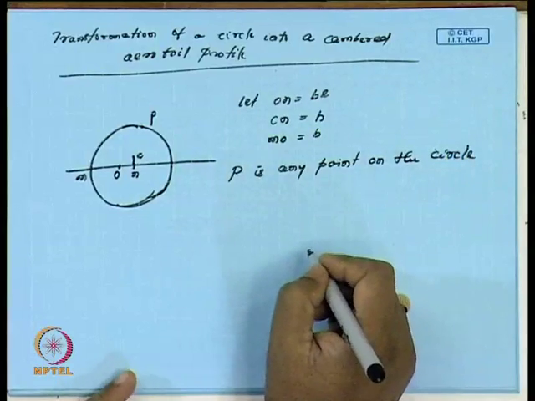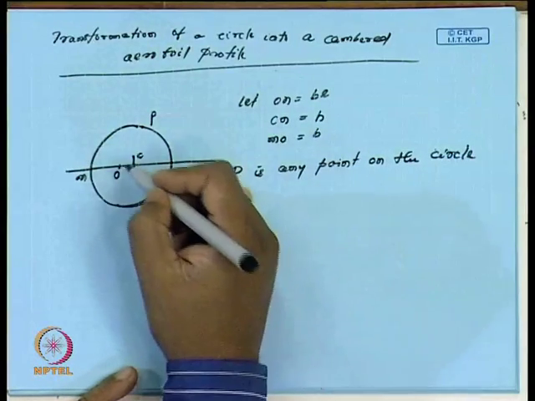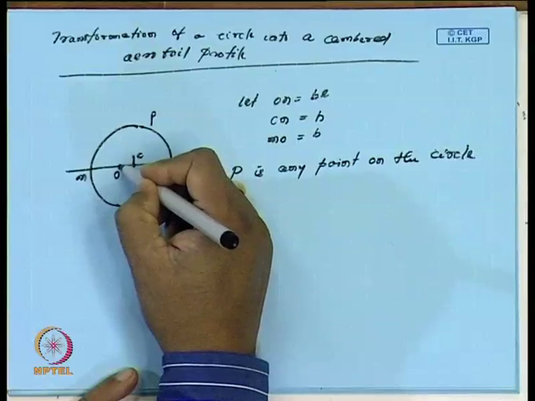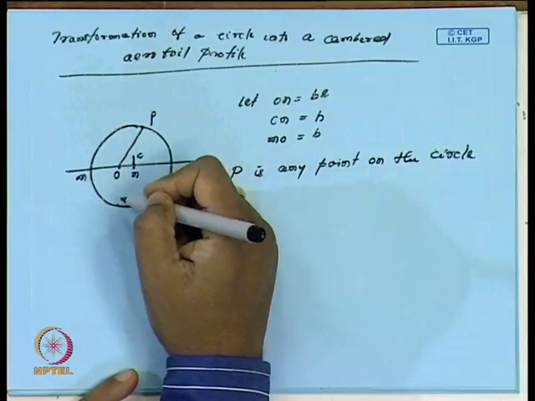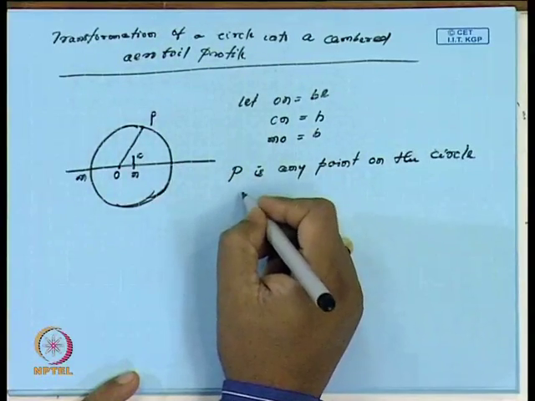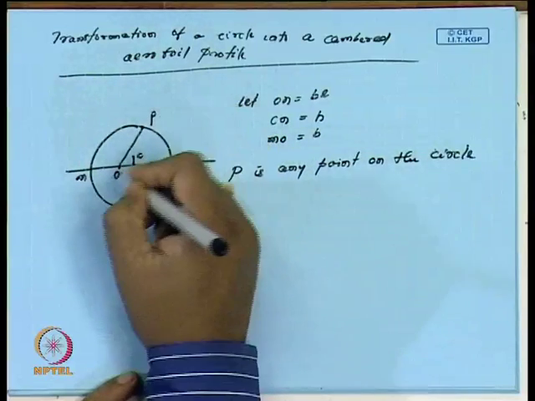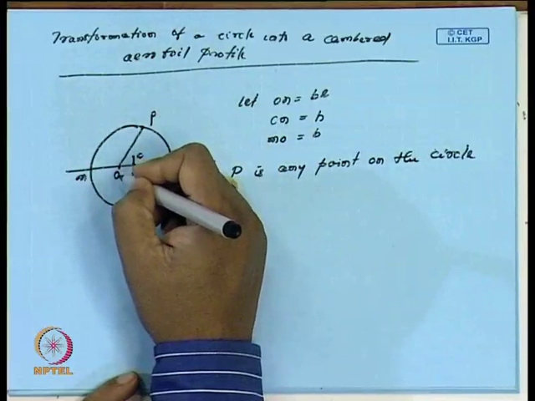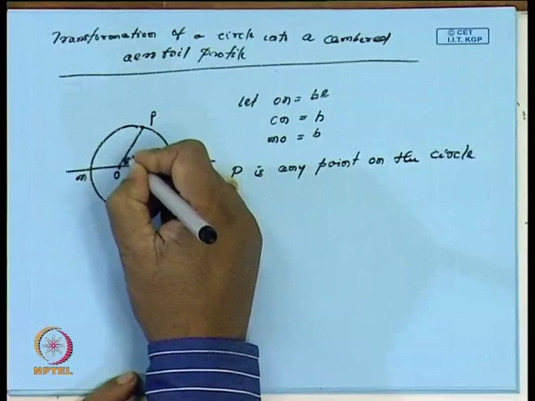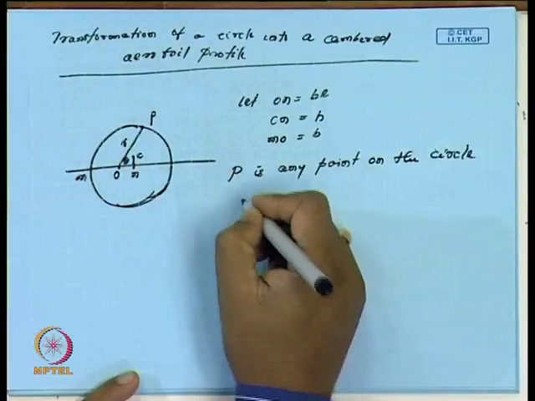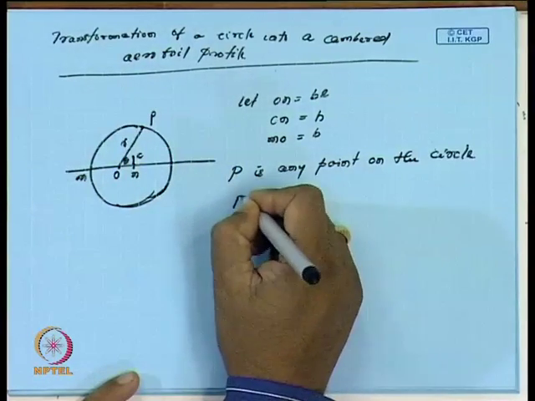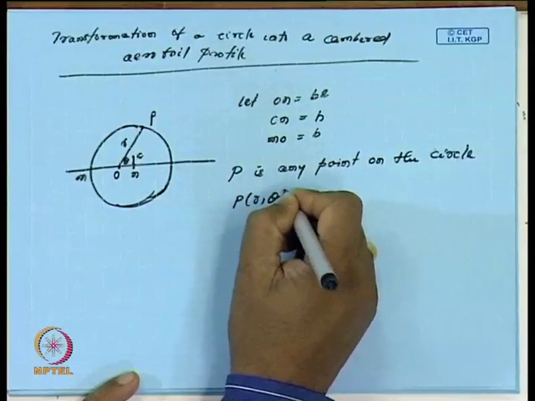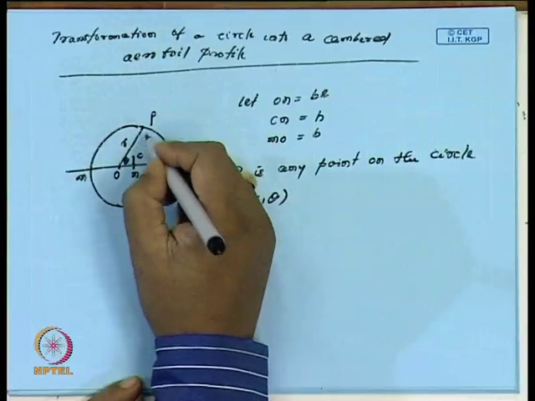I join O P, and say this angle is theta and this distance is r. So, P has the coordinates r theta, and C is the center of the circle.